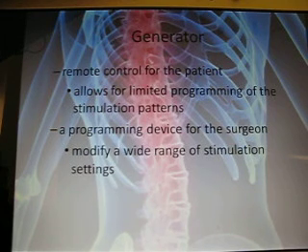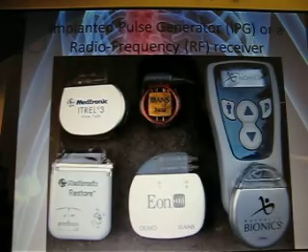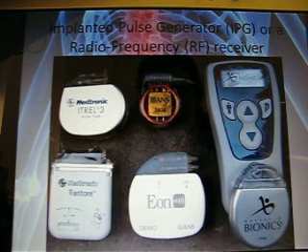The generators usually have a remote control for the patients to allow them limited programming of the stimulation pattern, and a programming device for the surgeon to modify a wide range of stimulation settings. These are implanted IPGs and radio frequency systems made by Medtronic or Advanced Bionics with their controls.